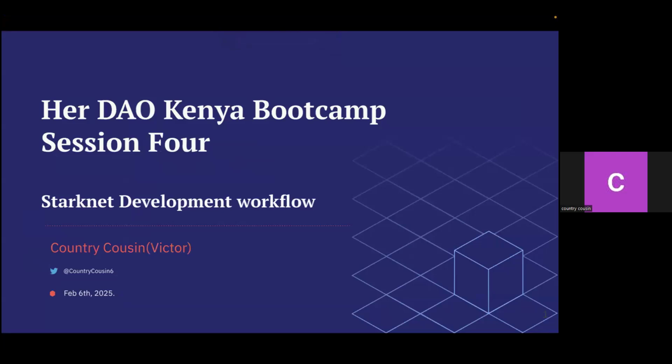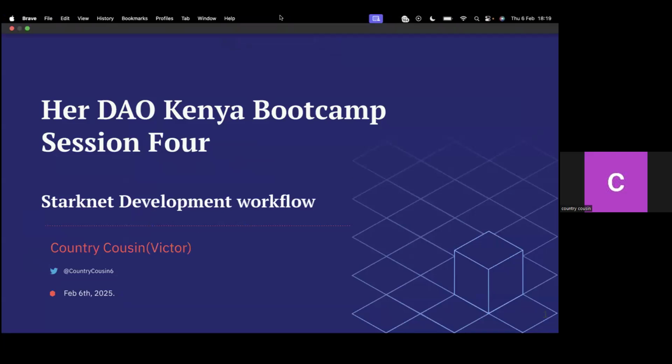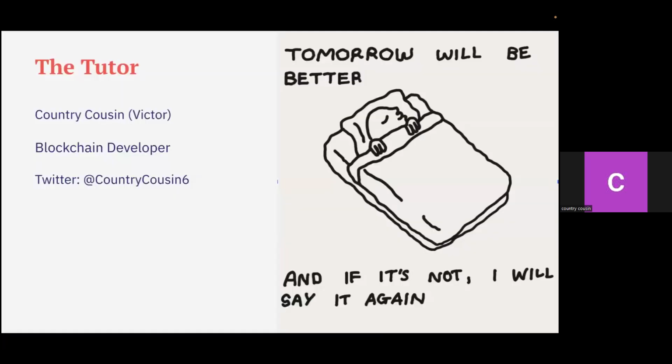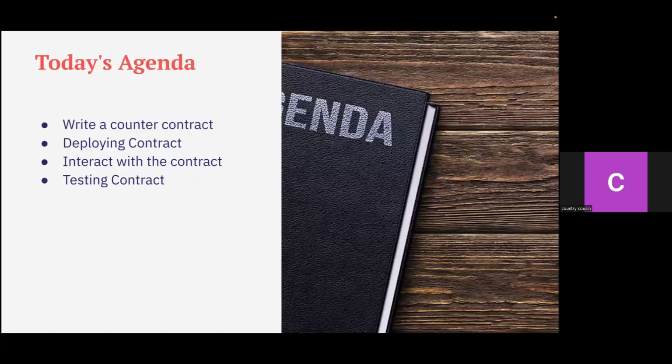Okay. So today is all about the Starknet development workflow. Don't let the big grammar here confuse you, it's just like the normal thing we've been doing. You already know my name and what I do, so we need to go right in.